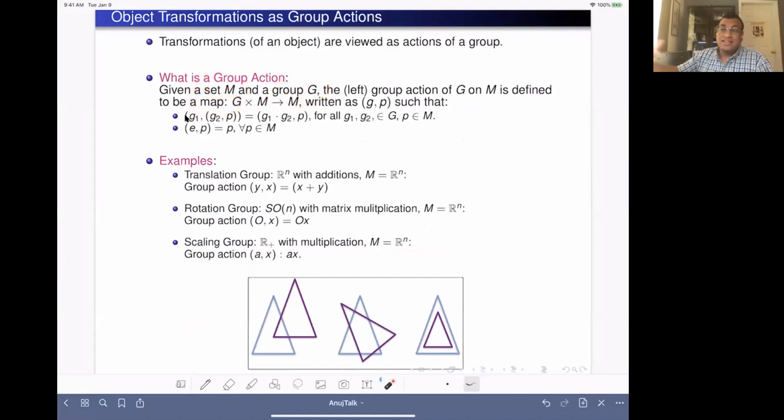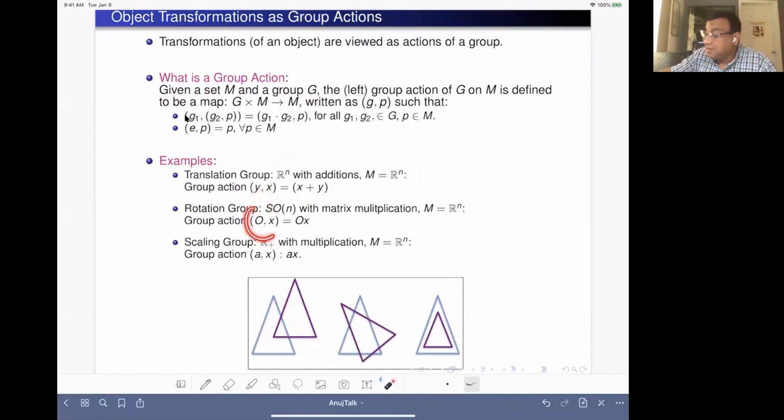Once again, this is the mathematics, but I would like to show it to you via examples. If I have an object, and I take all the points on this object and translate all of them by the same vector, then I apply the translation group. All the points get translated by the same element y. So this is a rigid translation.